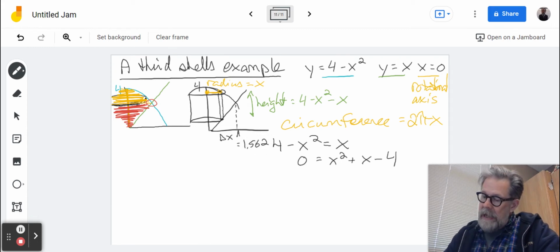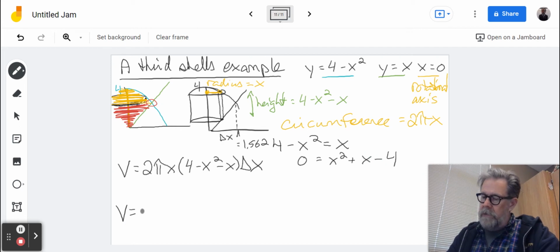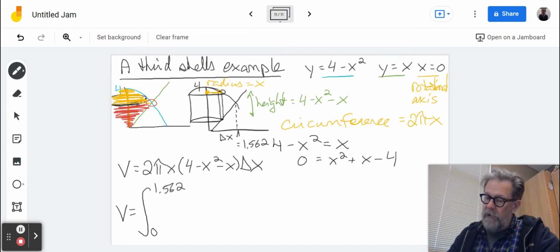So here we go. The volume of the shell is the width of the rectangle times the height of the rectangle times the thickness of the rectangle, which means that the volume, taking the sum and the limit, is the integral from 0 to 1.562 of 2 pi times 4x minus x cubed minus x squared dx.